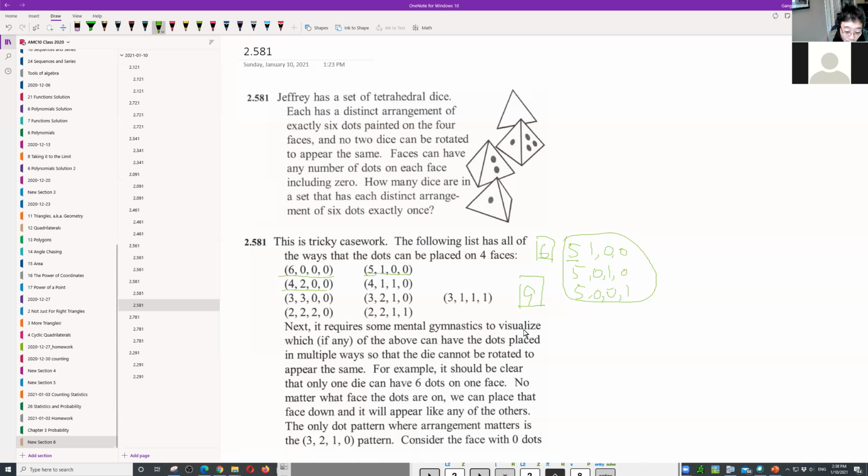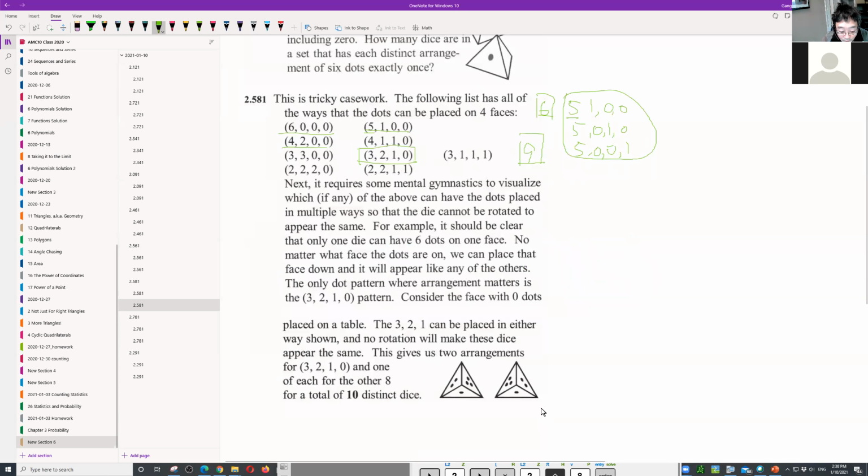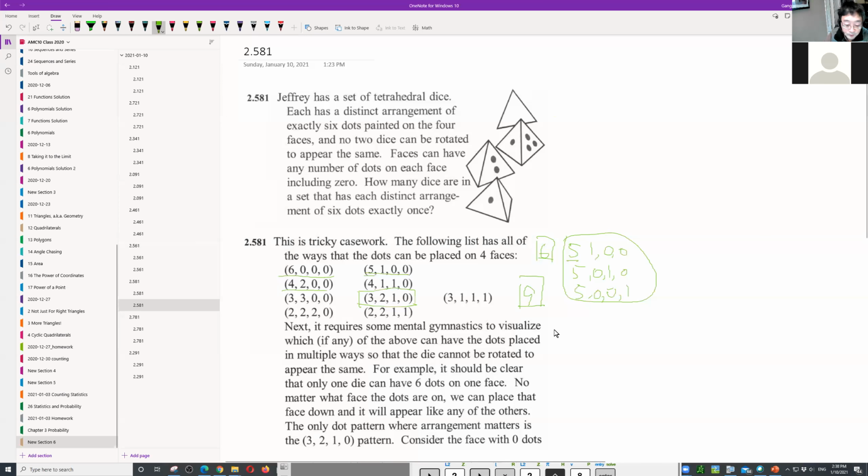Of those 9, only this one could be arranged in 2 ways. Basically, this is a 4-letter arrangement. There are 4 factorial ways to arrange it, so it's equal to 24.